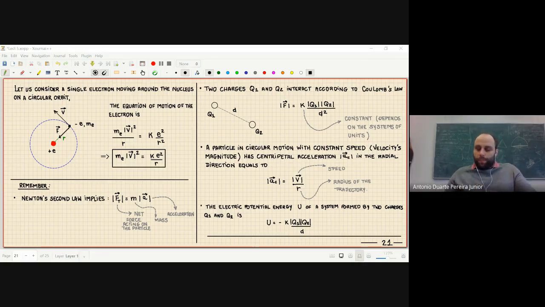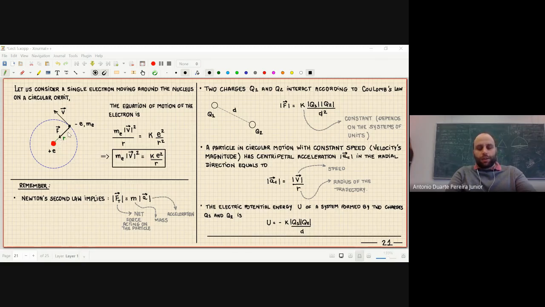Okay, so we now know how to relate the force with the acceleration of the particle by Newton's law. We know how to compute the electric force that the nucleus will exert on the electron by Coulomb's law. And we can also derive that if you have a body in circular motion, then the acceleration of this body will be in the radial direction, in this direction here.